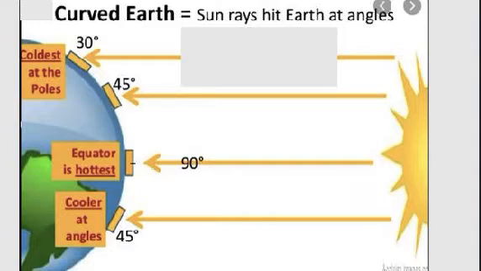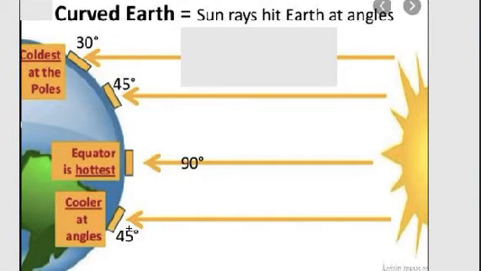As we move from the equator to the polar area, the angle started decreasing. You can see here this area, which is the temperate zone. Here the sun rays angle is 45 degrees. Here also 45 degrees in the temperate zone. So this area does not get as much heat as the area near the equator.